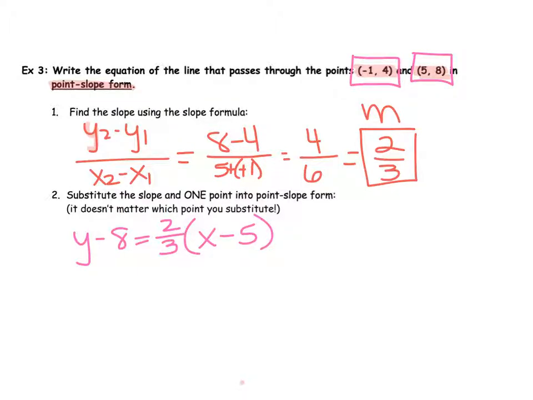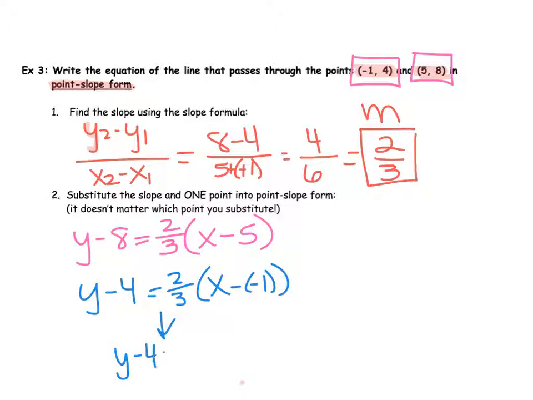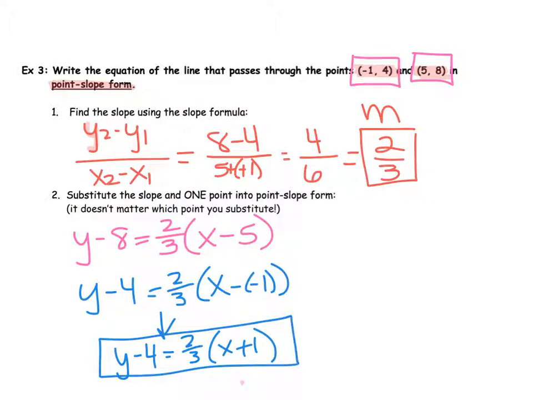I could also choose the other point and get the equation y minus 4 is equal to 2/3 times x minus a negative 1, which then becomes y minus 4 is equal to 2/3 times x plus 1. Both the blue and the pink equations are true.